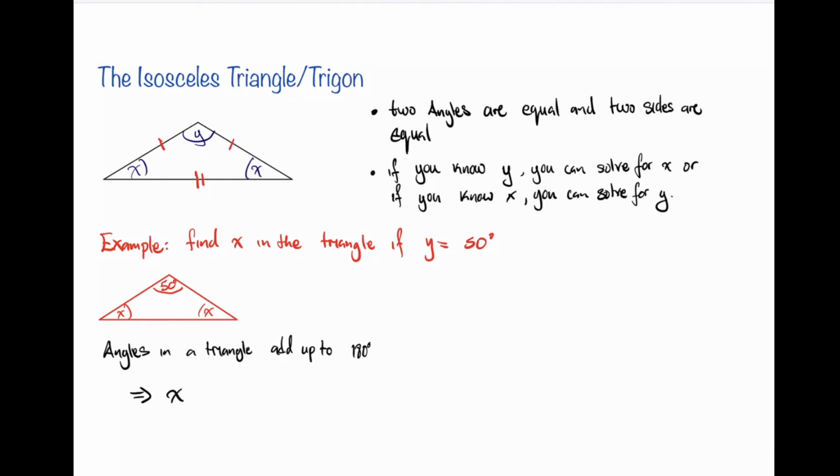This means that 2x plus 50 is equal to 180, which means that 2x is equal to 180 minus 50, so 2x is equal to 130, thus implying x is equal to 130 divided by 2, which means that x is equal to 75 degrees. Okay, so there we have solved for x.